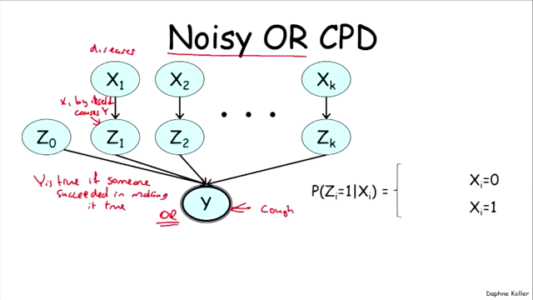So now let's make this a little bit more precise. The probability of zi being true given xi, there's two cases. If xi equals 0, well, xi isn't even trying to make zi true. So in this case, the probability of zi equals 1 is 0.